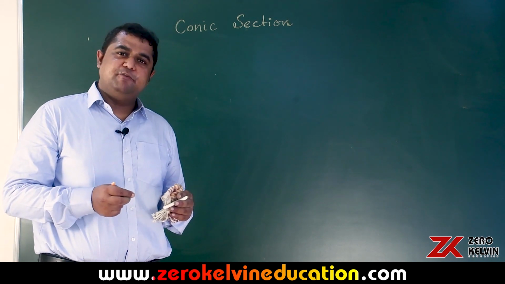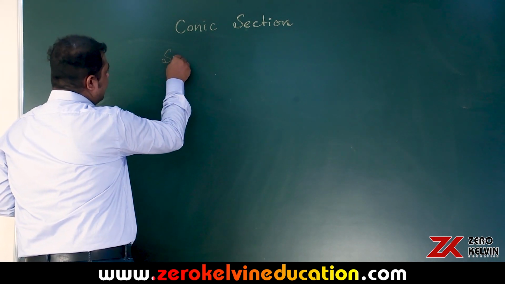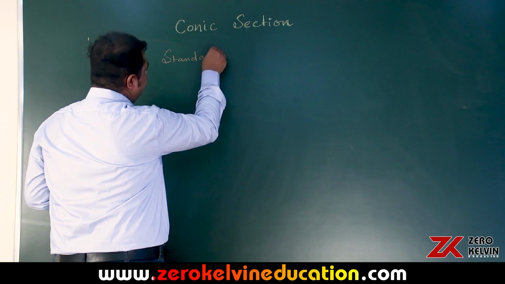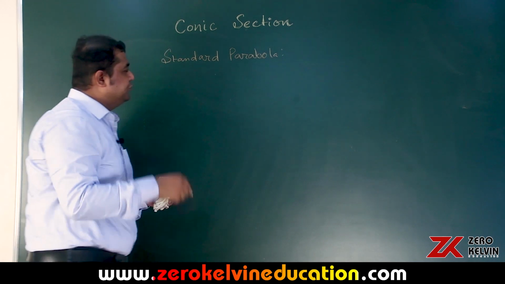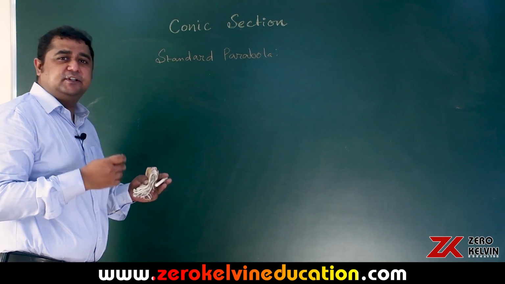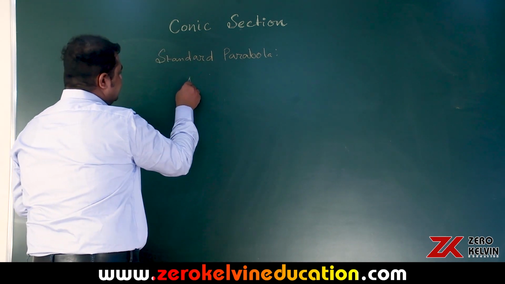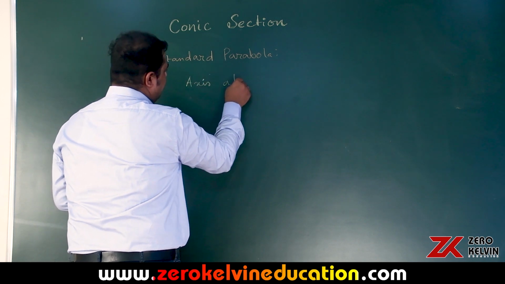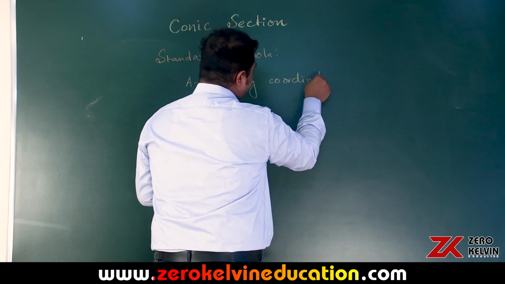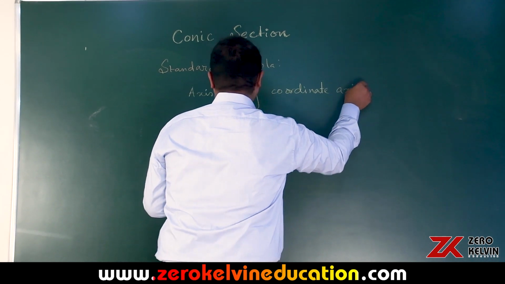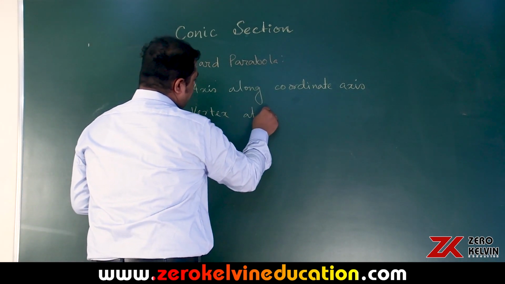Like, the first discussion will be extended towards the standard parabola. So, when we are considering the standard parabola, what are the things we are standardizing or keeping along the axis or at the origin? So, we are keeping the axis along the coordinate axis and the vertex at the origin.